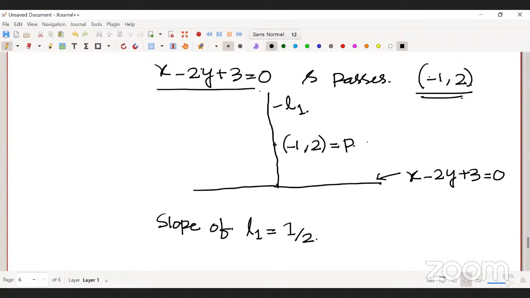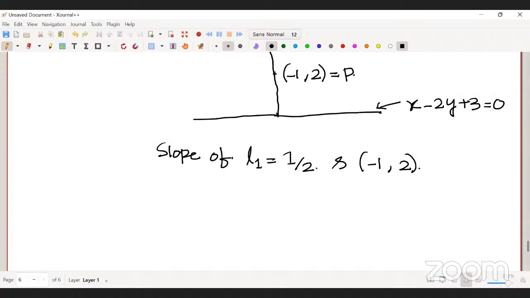Once you know the slope, then you are done, right? Now you know the slope of the line is half and it passes through minus 1 comma 2, so from there you can easily find the equation of the line.